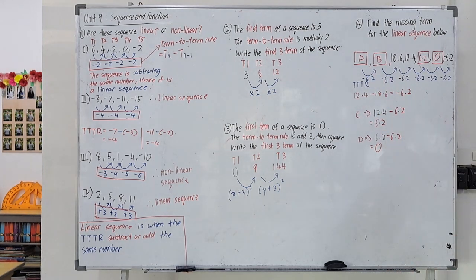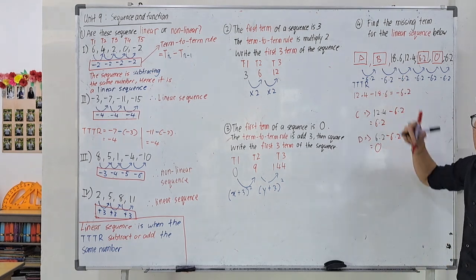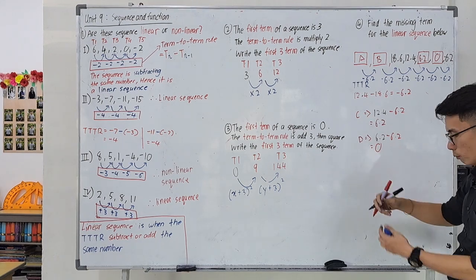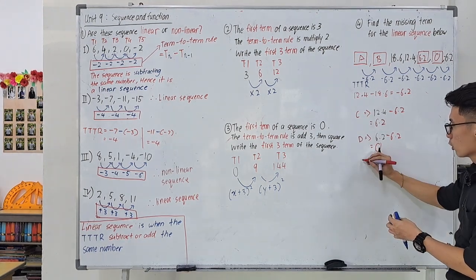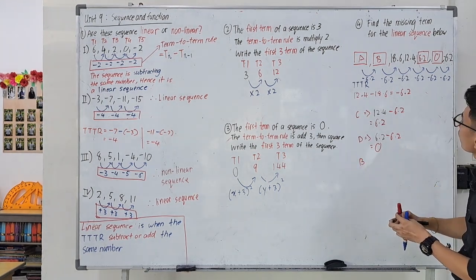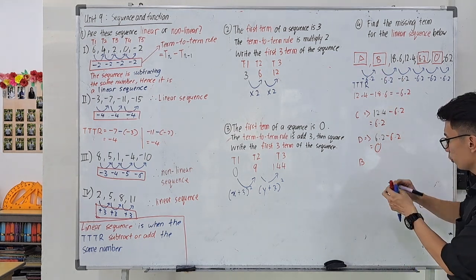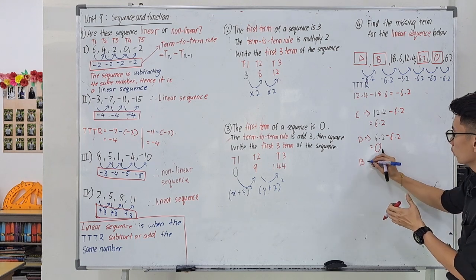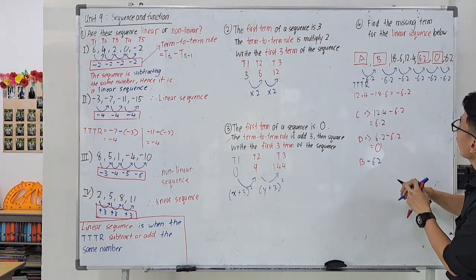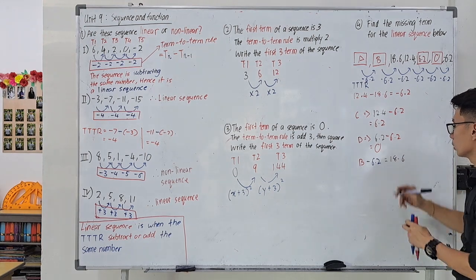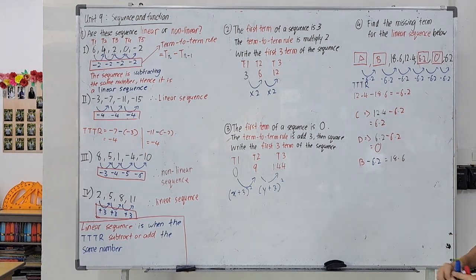Now what about A and B? Okay, so what should I do? For me, I would like to find B first because there's a reverse step. So how do I find B over here? Always I will craft out my equation. If I want to find B, I have to do B minus 6.2, and that should give me 18.6.